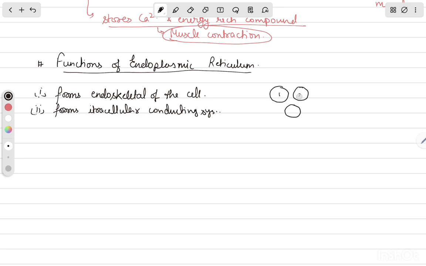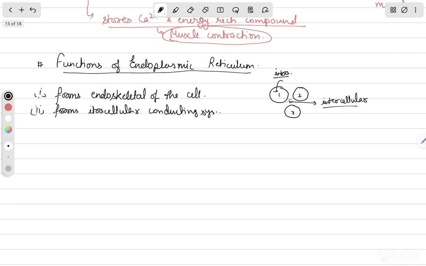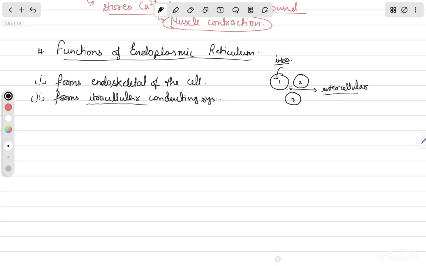Cell 1, cell 2 and cell 3. Inside the cell is intracellular. In between two cell is intercellular. Means in between two cell connection is intercellular, while if we are talking about any component which is present within the cell, then the term intracellular is used, right? So if we are saying it is present within the cell, then it forms intracellular conducting system.